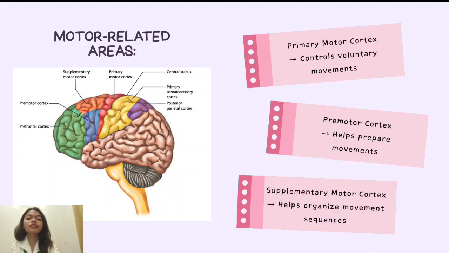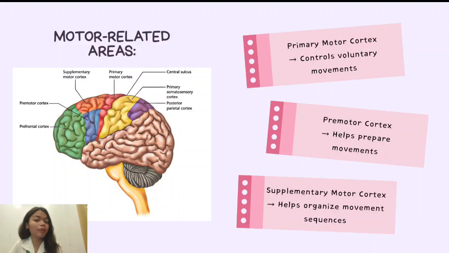There is also the supplementary motor area, which helps coordinate and plan movements, particularly when a movement involves a sequence of actions. So these areas don't work separately, they work together to help us plan, initiate, and control our movements.